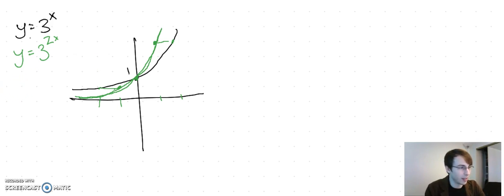What about something like y equals 3 to the ½ x? Well, now when we plug in x equals 2 here, then we get the result that was when x equals 1. So the point when x equals 1 here is now moving to x equals 2.